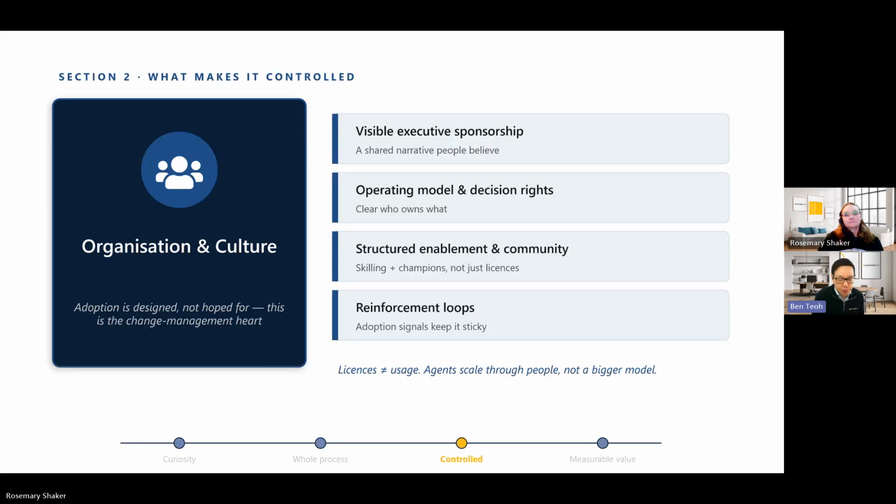So if we think about what does this look like from a practical perspective, early on you might set up a change champion community or a Copilot champion community and focus your effort there so that they can then translate that into how their team works. And you can work with those champions on an ongoing basis. Some clients are using tools like Viva Engage or setting up a team in Microsoft Teams or a large group chat even, to try and continue that reinforced learning.